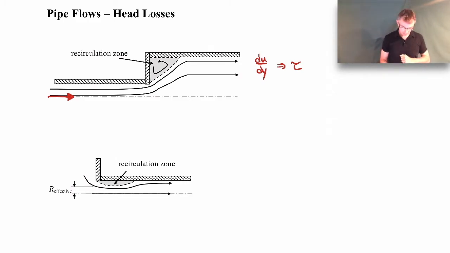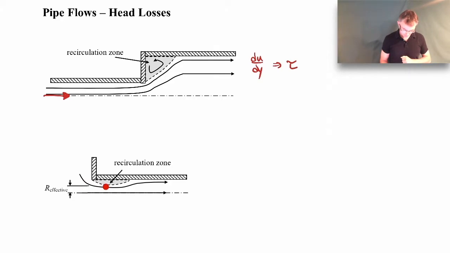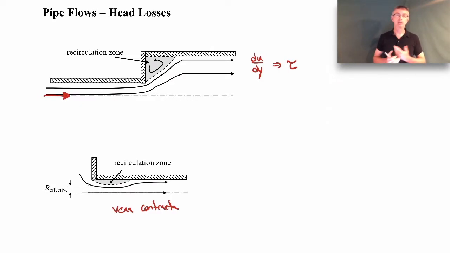This one I showed in particular because you'll see that the effective radius of the flow through this entrance is a little bit smaller than the actual radius, right? Because of the recirculation zone, the effective radius is a little bit smaller, and this phenomenon is called a vena contracta. I just wanted to show it to you because sometimes you'll hear that term.